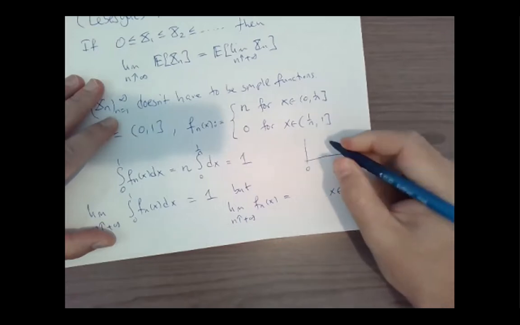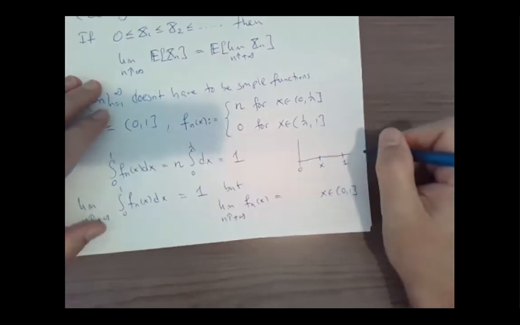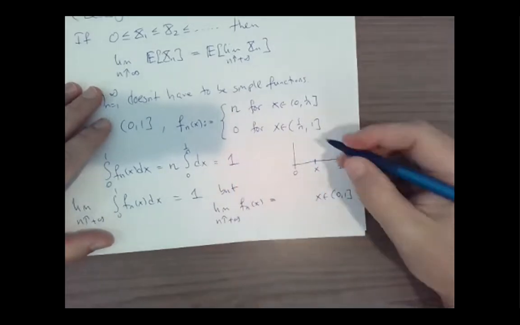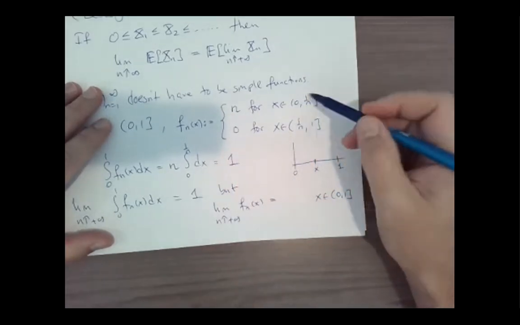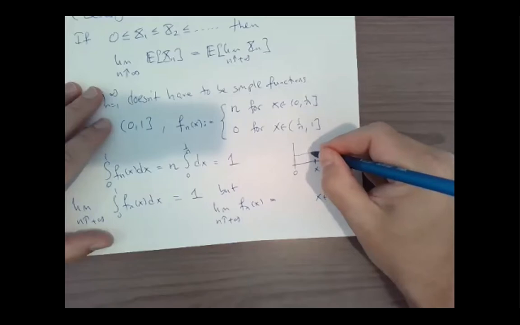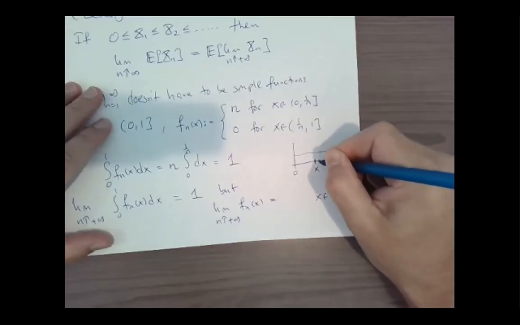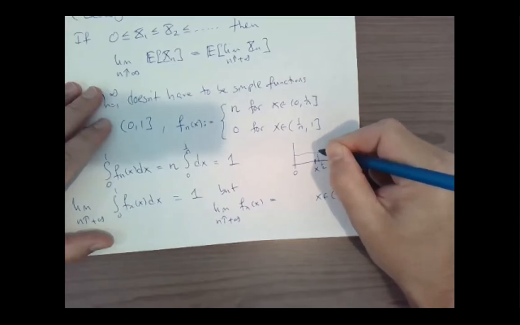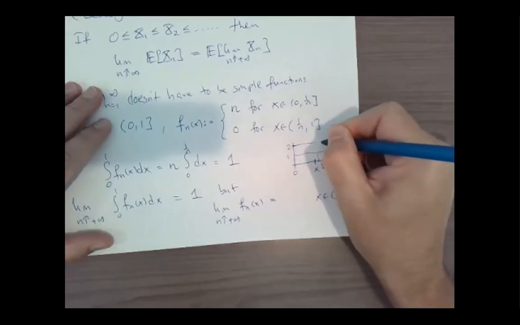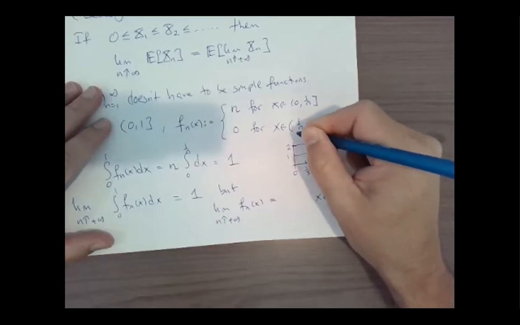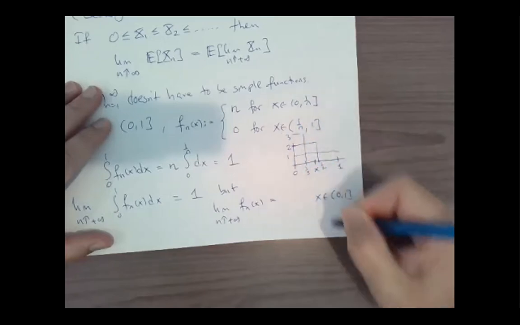I pick an x, say I have x sitting here. And then the function starts out being 1 everywhere, right? And then it drops to a half. Let's say that this is a half. And then it goes up to 2. And it goes to 1 over 3, and it jumps up to 3.